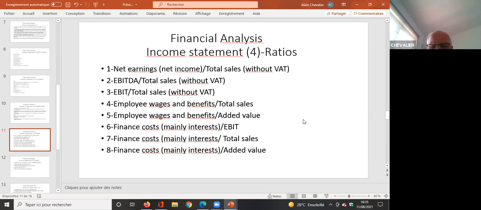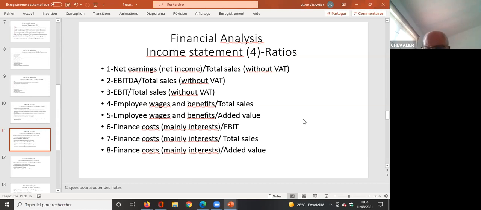Two other analyses are very often done with simple ratios. The first one is to try to have some comparison over time and also between firms for employee wages and benefits. And depending on the analysis, employee wages and benefits are compared either to the total sales, or to the added value, or to the EBIT, sometimes to two or three of these data.